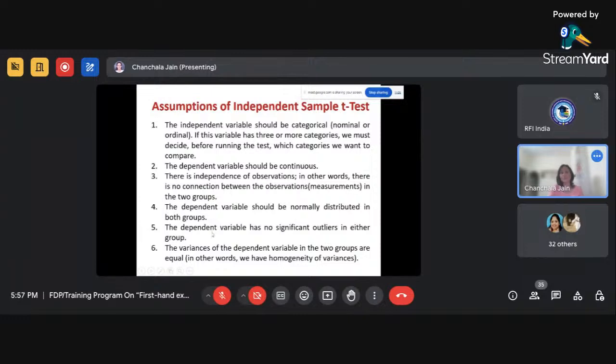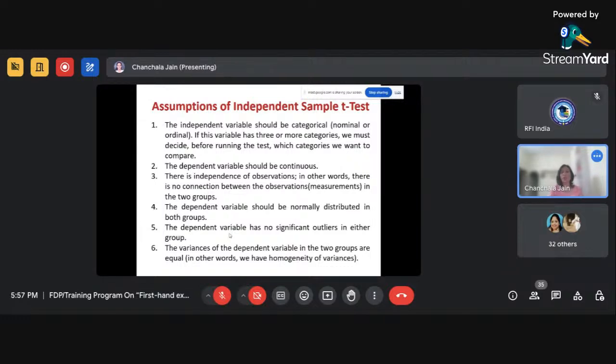Further, the dependent variable has no significant outlier in either of the groups. So for checking the outliers, you need to check outliers for your continuous variable in both the groups, right? And lastly, the variances of the dependent variable in both the groups should be equal.